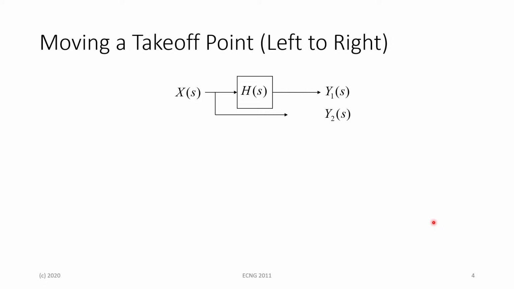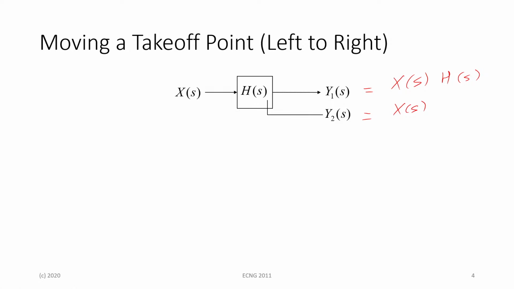Let's say we do it the opposite way: we're going to be moving the takeoff point from the left of the h of s block to the right of the h of s block. So we're going to observe this using our system equations again. y1 of s here is equal to x of s, h of s, and y2 of s here is equal to x of s.